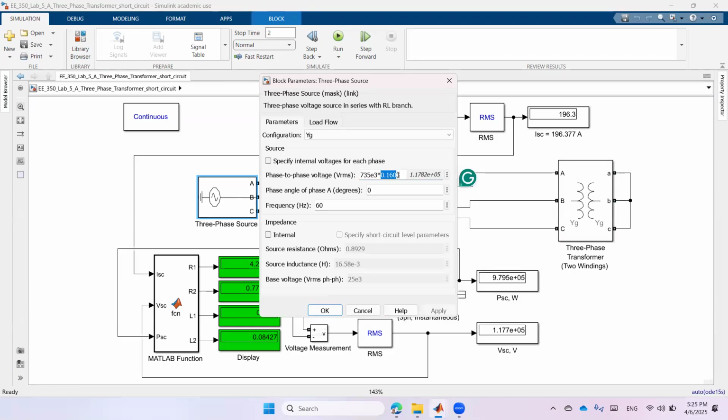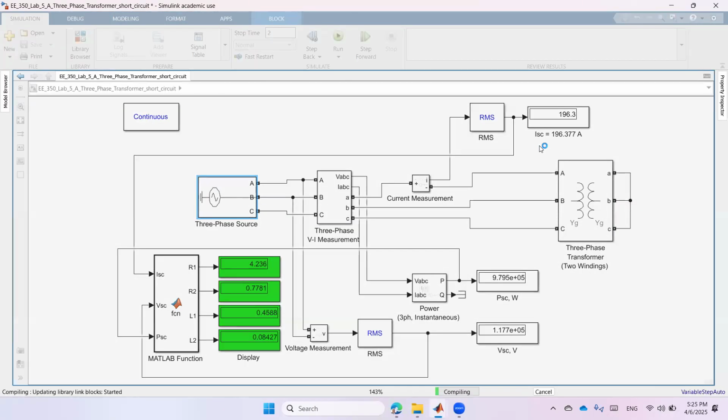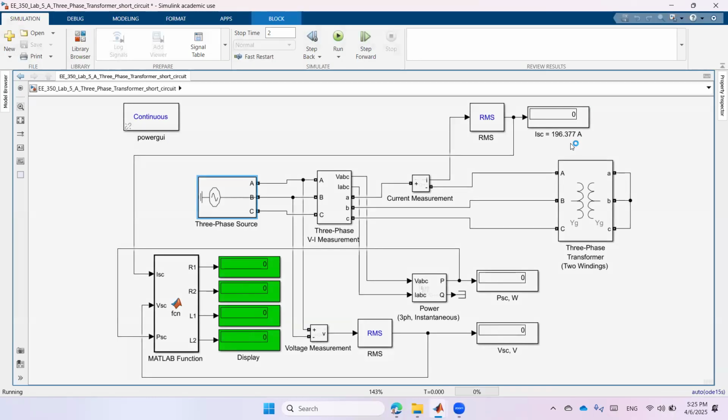Of course, how do you find this number? You need to find it by trial and error. For example, if I go with 17% and apply it, okay, run the model. I will see that the current is higher than the rated current, which is not acceptable.